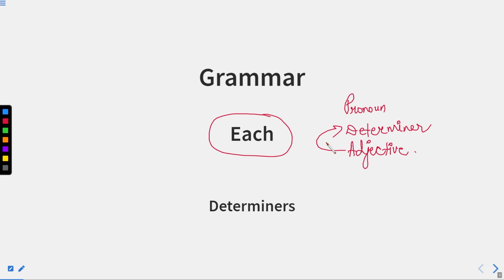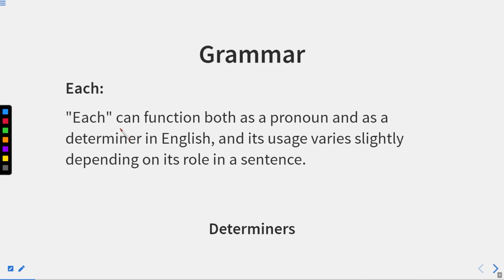So, we are going to discuss the word each as a pronoun as well as a determiner or adjective. Each can function both as a pronoun and as a determiner in English.